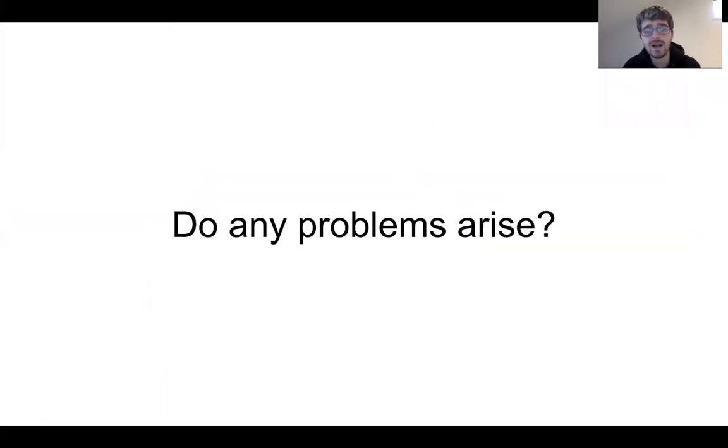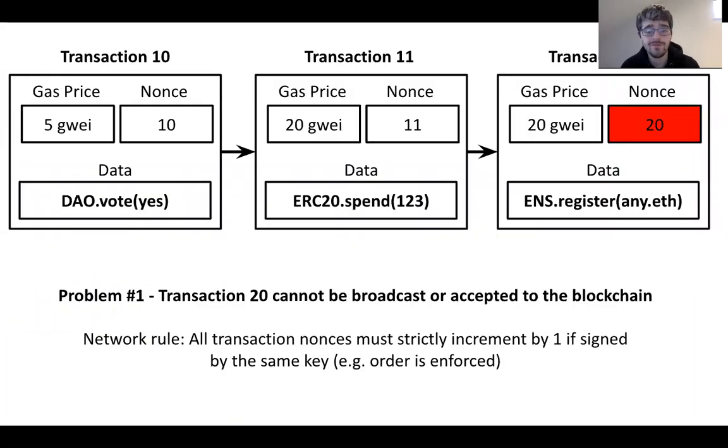So what problems arise when you're dealing with Ethereum transactions? Well, the first problem is, let's say we have 3 transactions. We have transaction 10, transaction 11, and transaction 20. Now, as I mentioned, the network rule on Ethereum is that the transaction nonce must always strictly increment by 1. So transaction 10 can get in, transaction 11 can get in, but what about transaction 20?